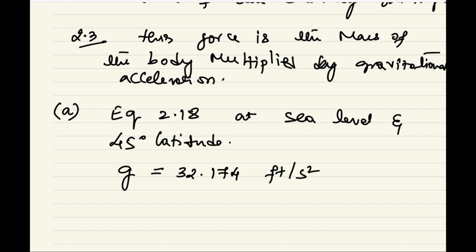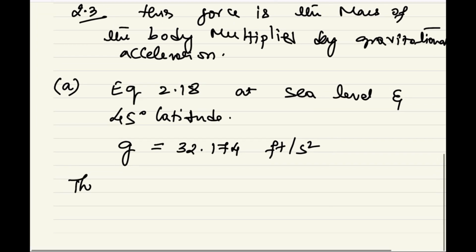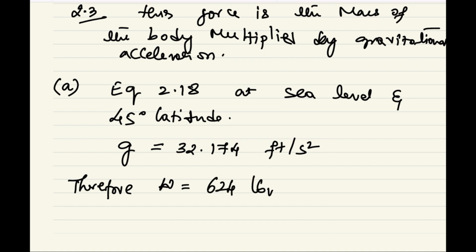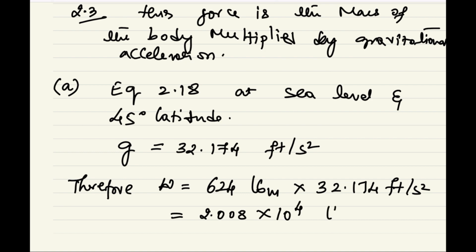Therefore weight is equal to 624 lb mass multiplied by the gravitational acceleration, 32.174 feet per second square. So this becomes 2.008 into 10 raised to 4 lb mass feet per second square.